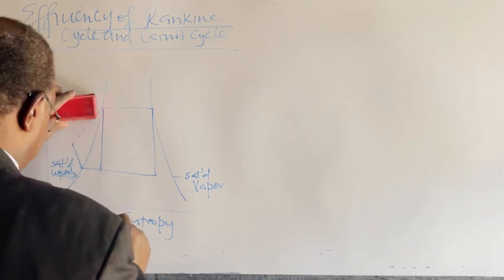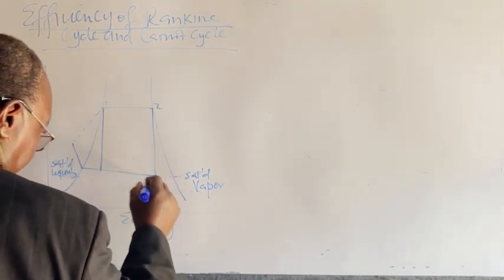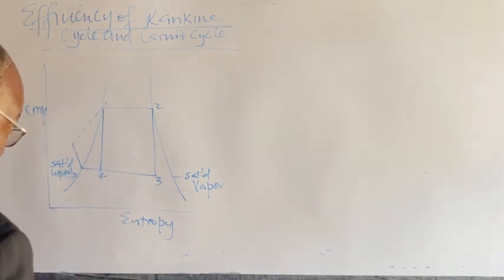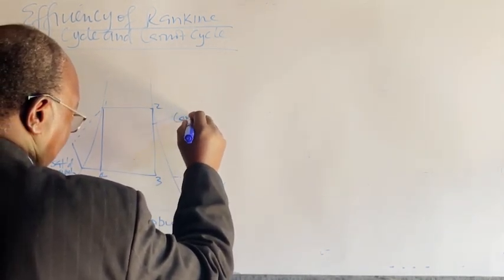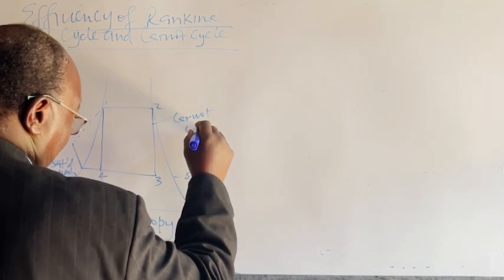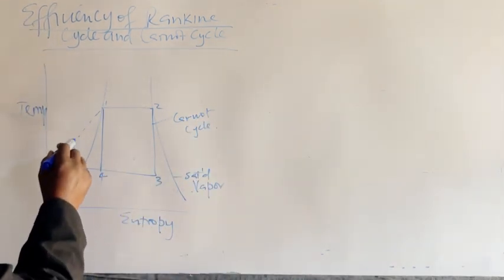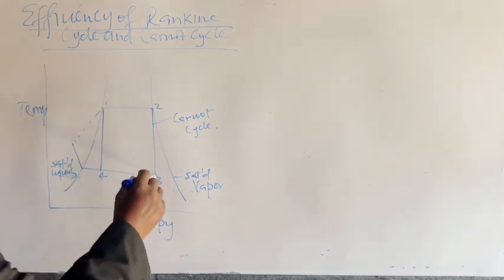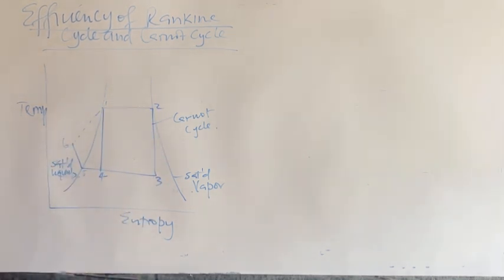So we have 1, 2, 3, 4, which is the Carnot cycle. And the other one where we have 1, 2, 3, 4, 5, 6, that is the Rankine cycle.